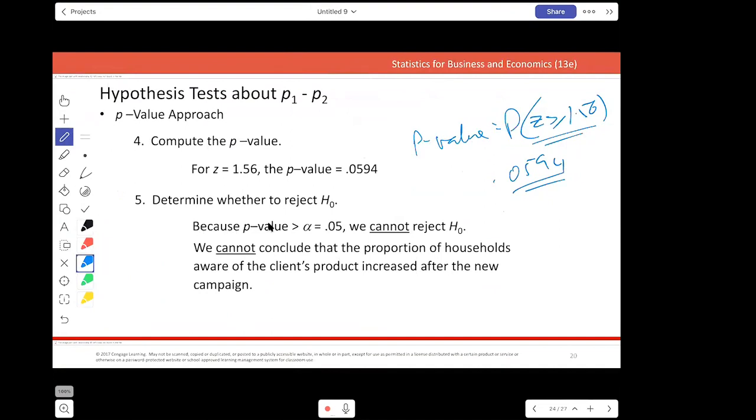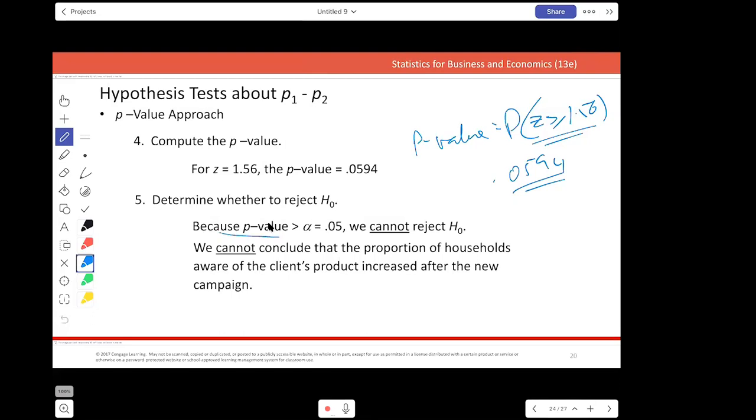We can see now the p-value is actually larger than 5%. So since that p-value is larger than 5%, we therefore cannot conclude that we have enough evidence. Remember the rule is that the p-value must be smaller than alpha. In this case, alpha is 5%, but the p-value is 5.94%, in which case we would have to come to this conclusion right here.